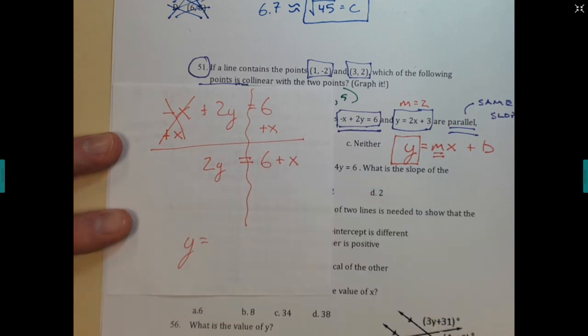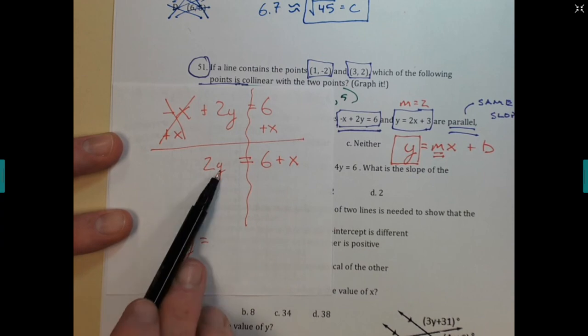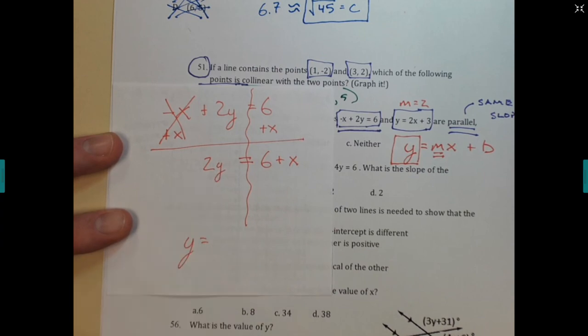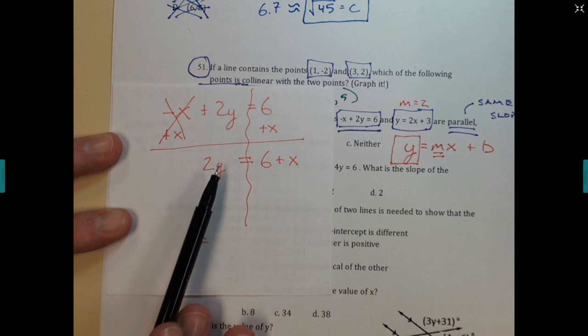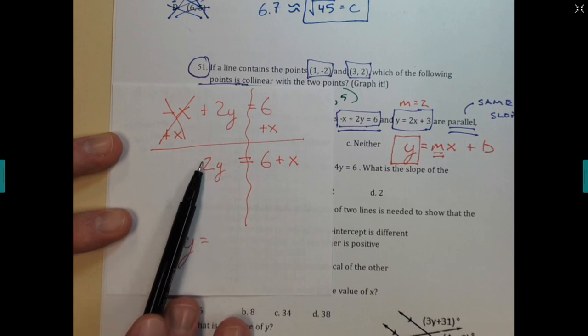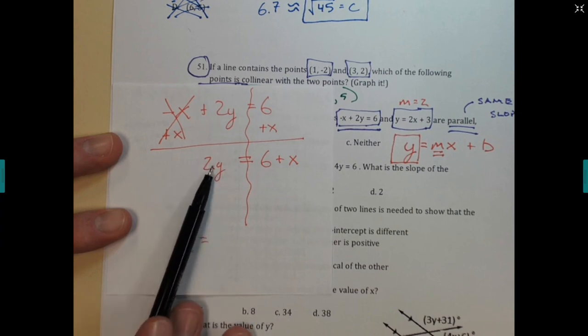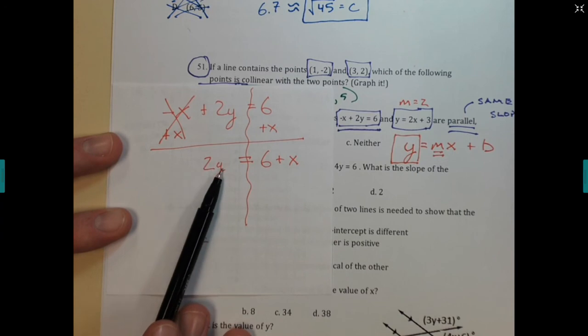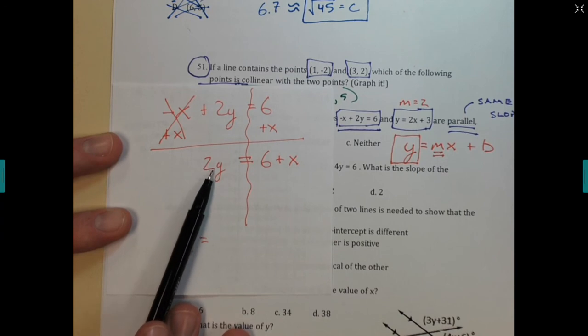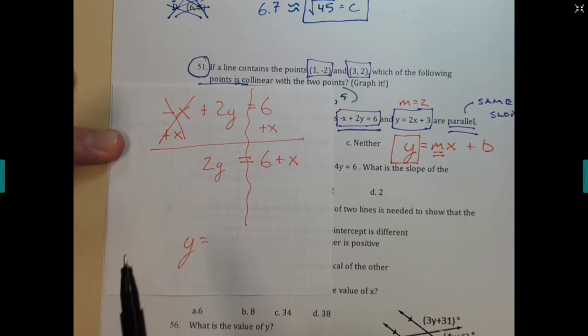So we're close. I got to get this y all by itself. How do I get rid of that 2? Subtract it. I would totally agree if I saw addition in between these two. But what operation's in between 2 and y? Multiplication.